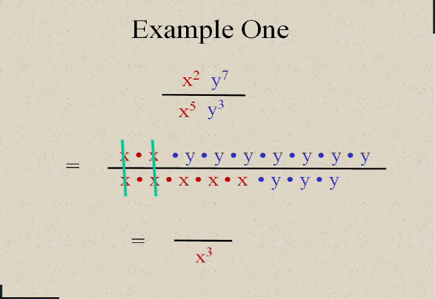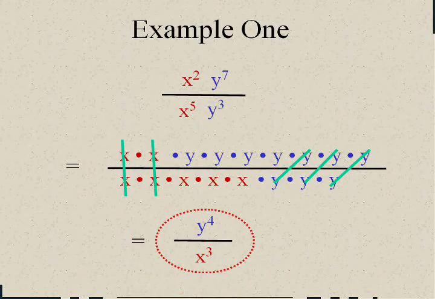Now, as far as y's are concerned, I can cancel anything in the top with something in the bottom, as long as they're the same and they're multiplied. And that leaves me with y to the 4th. And that's your answer.